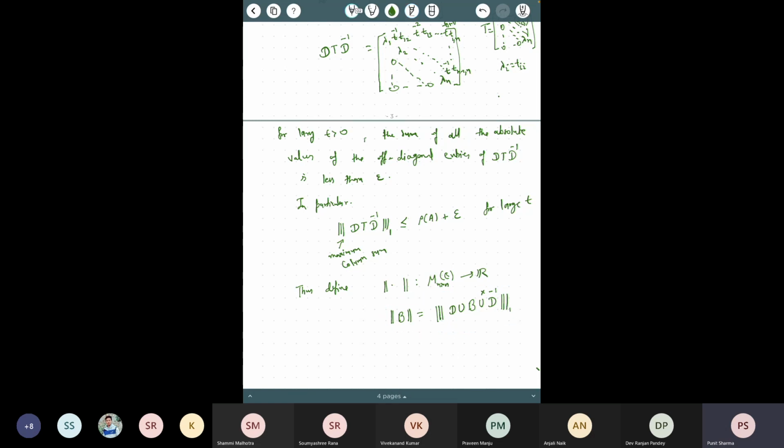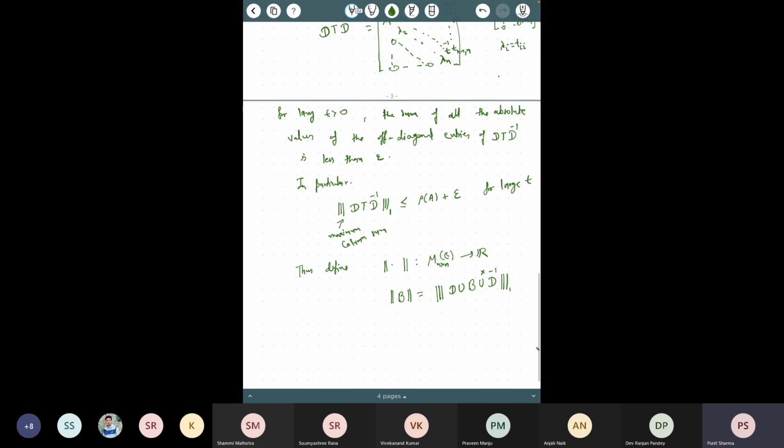And what does this function satisfy? If T is large enough, which we can always choose according to the entries of the upper triangular matrix T, then the value of A under this norm is just D U A U star D inverse. But you know what this is?